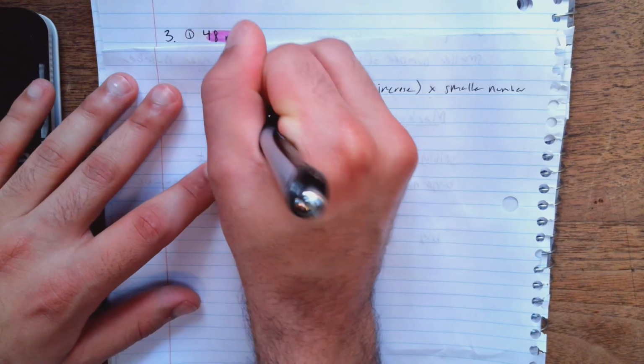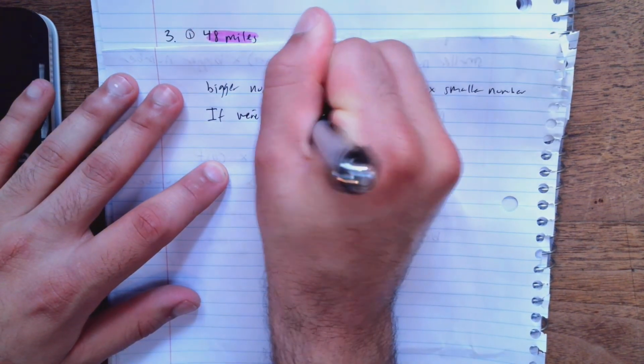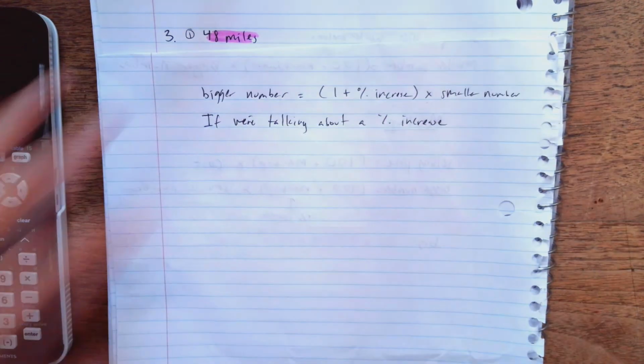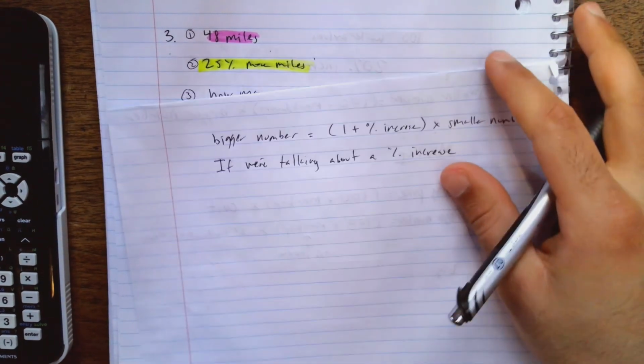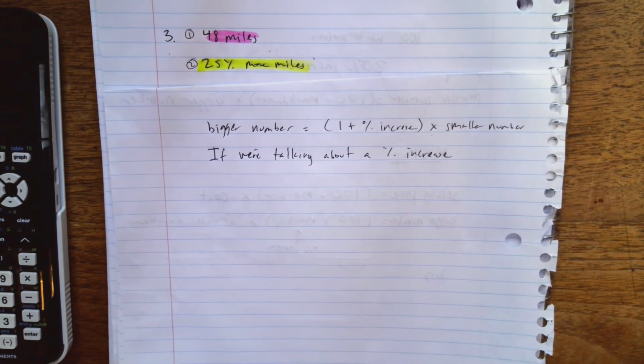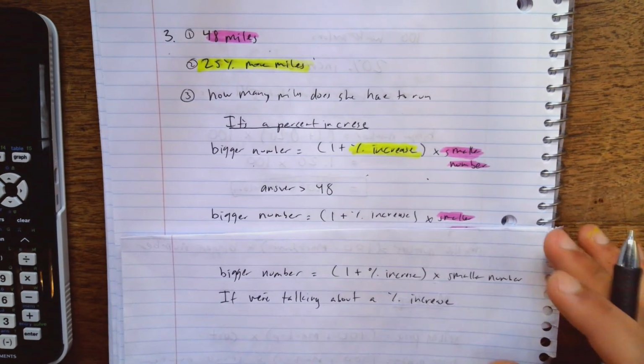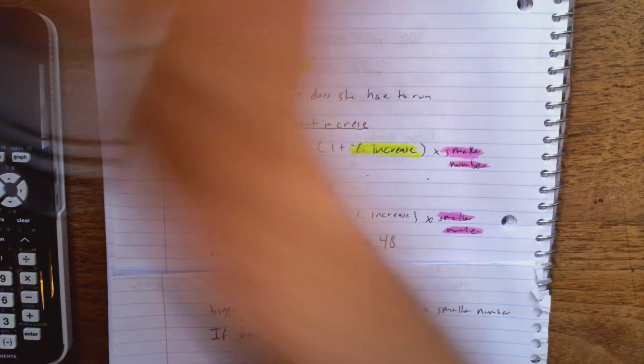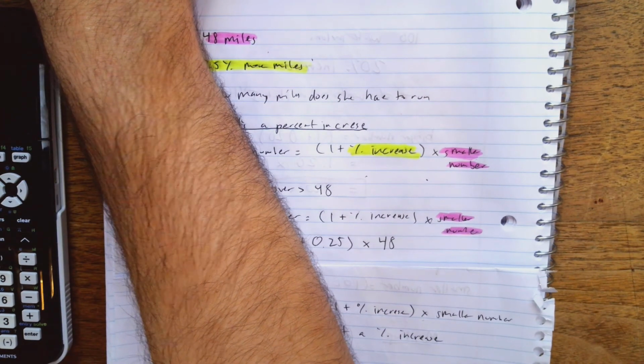If we're talking about a percent increase, here's why I'm hesitating: there are going to be types of problems where we're actually given the bigger number instead of the smaller number. And when we're given the smaller number first, like in this problem, it's sort of obvious.